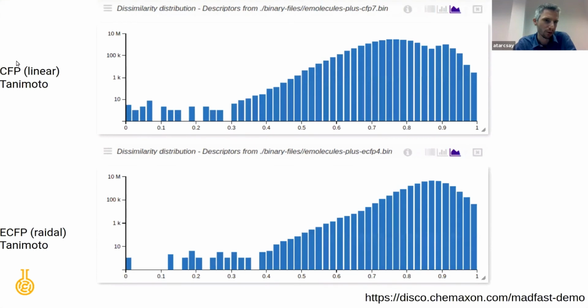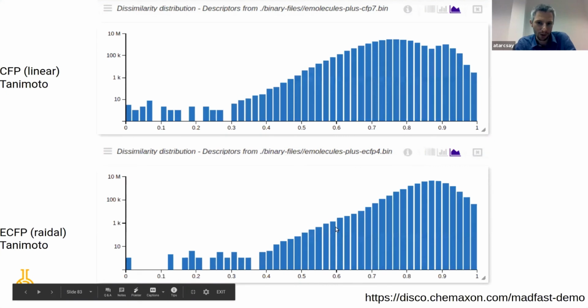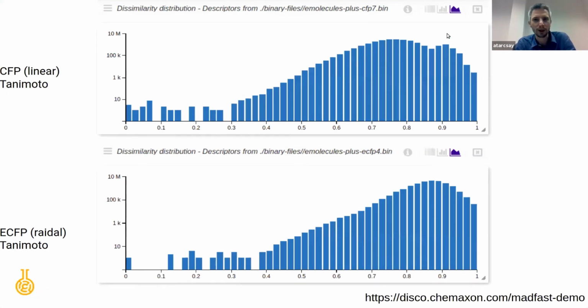Or what I introduced, if we have a linear fingerprint or a radial fingerprint, it will have a similar course of the curves, but at 0.6, in this case, we have 100K molecules, while at 0.6 with ECFP, we have a smaller number of molecules, and there are some differences here and there.